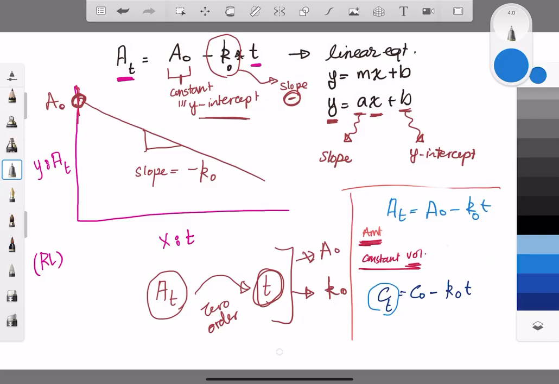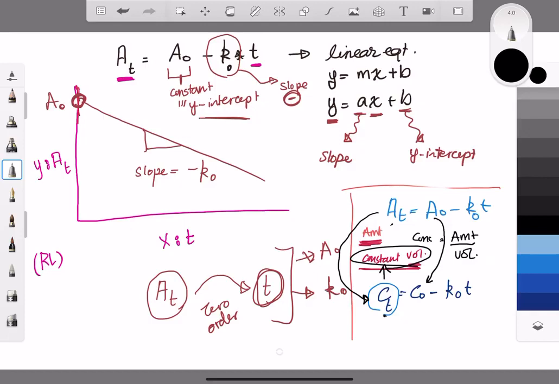I need to change the amount to concentration, and we know that concentration equals amount over volume. If we have a constant volume that is not changing, I'm able to change each amount to its corresponding concentration. So the amount at time t over volume will be the concentration at time t, and the initial amount over the volume will be the initial concentration.